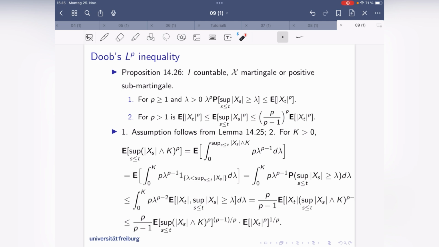And there is another version of this where we do not compute the probability that the supremum is at least lambda, but the expectation of the supremum. And again I'm connecting this supremum, which depends on the full path, to the expectation of X_t to the power of p at the latest time point.